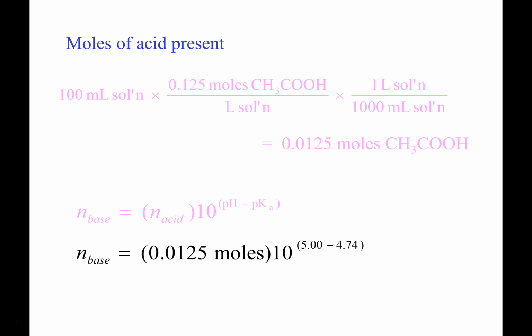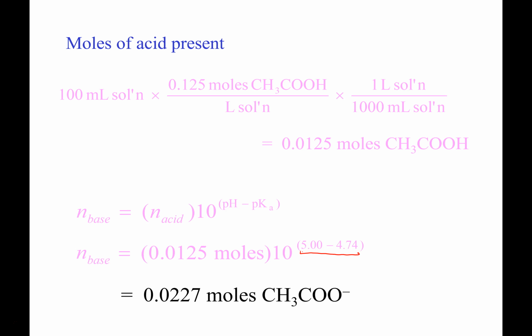The target pH was 5.00, and the pKa we came up with earlier was 4.74. Which is 3 sig figs, 0.0227 moles of CH3COO minus. So that's acetate.